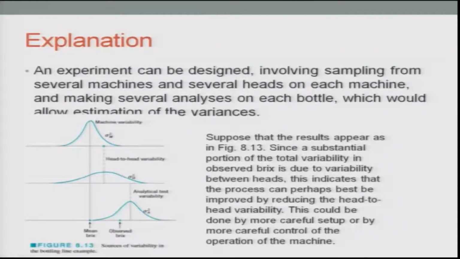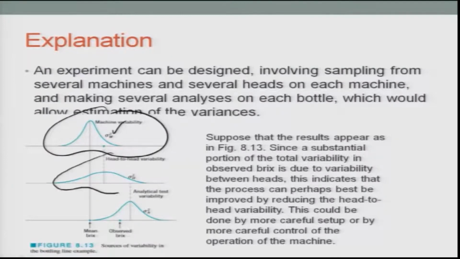A few explanations to continue that. An experiment can be designed involving samples from several machines and several heads in each machine and making several analyses on each bottle, which would allow us to estimate the variances. So, if you consider this problem, in this case you have the machine variability, and the variance is given by sigma square suffix m.